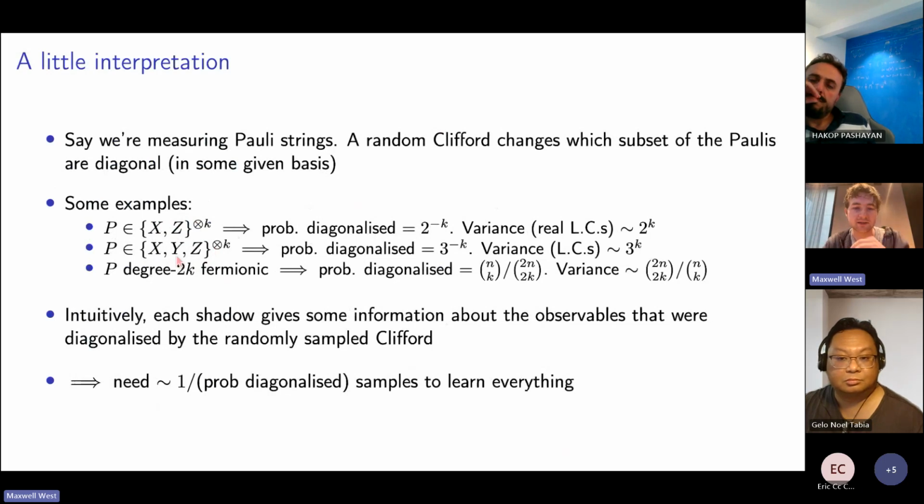So the subspace is bigger. It's that 3 to the k thing, and you're going to need of order that number of shots to resolve everything. This is more informative, since it tells you about the things with Y in them too. But if you don't care about them, then you just want to stick in as small a subspace as possible that only has the things that you care about.